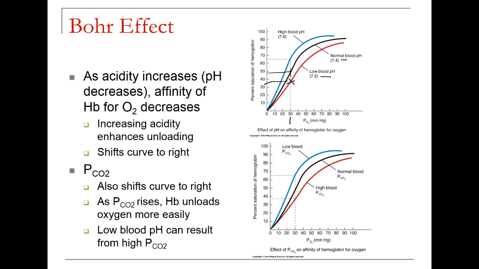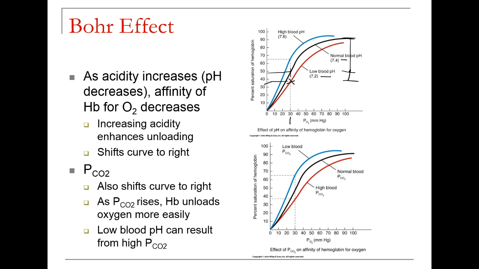So it would have gone from this normal level of close to 100% saturation. If we didn't change the pH, that would be the amount that would be released, but because the pH has an effect on the hemoglobin, we can add in a little more oxygen released. All right? So this is great.